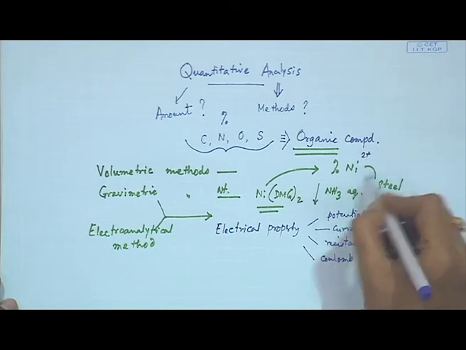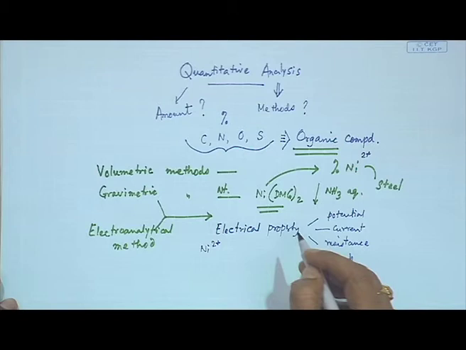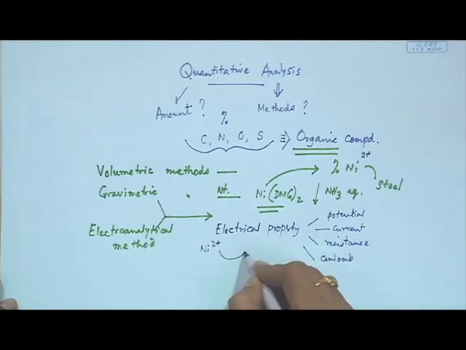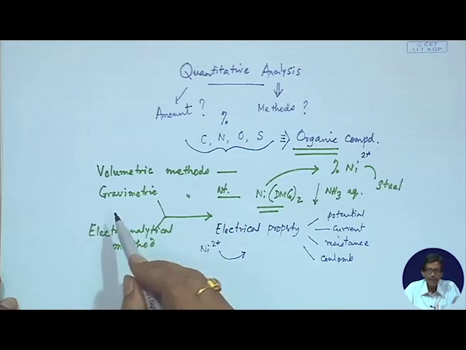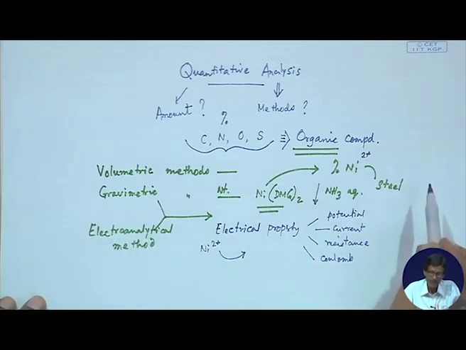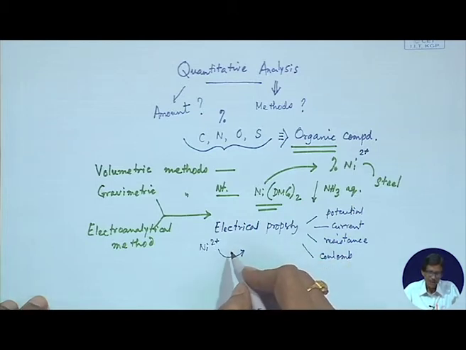So, if we have a cation, that means this Ni2 plus, the same sample Ni2 plus is there, and we all know it can be reduced in some electrochemical cell. That is also from our school days knowledge, that if we have an electrochemical cell, we have the cathode, we have the anode.